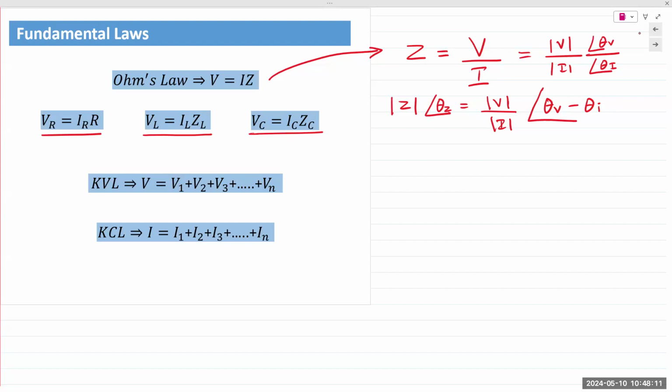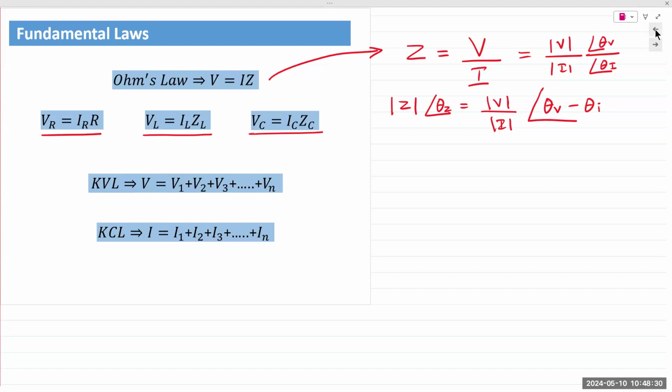So again, as I was saying, Ohm's law, V equals IZ. So Z is V divided by I. Everything is a complex number, and so you have phase magnitudes being divided and phase angles being divided. When you divide phase angles, the math operation is the numerator minus the denominator. That's the actual math operation.